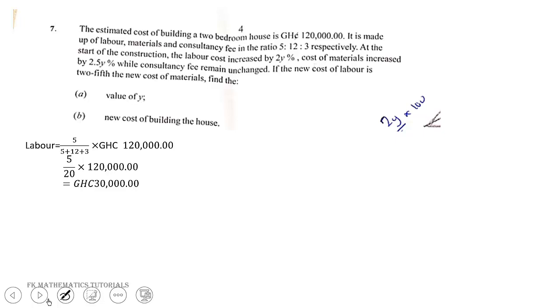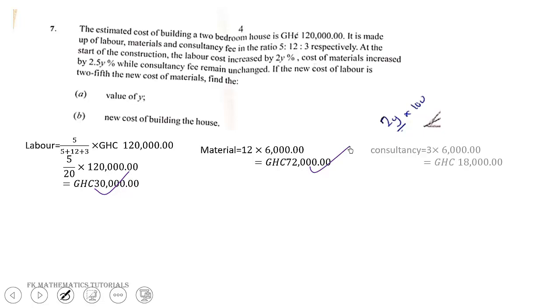So 5 over 20 times 120,000, that will give us 30,000. That will be the labor cost. Then that of materials will be 12 times 6,000 because 20 goes into 120 6 times, and that will give us 72,000. Then that of consultancy will be Ghana cedis 18,000.